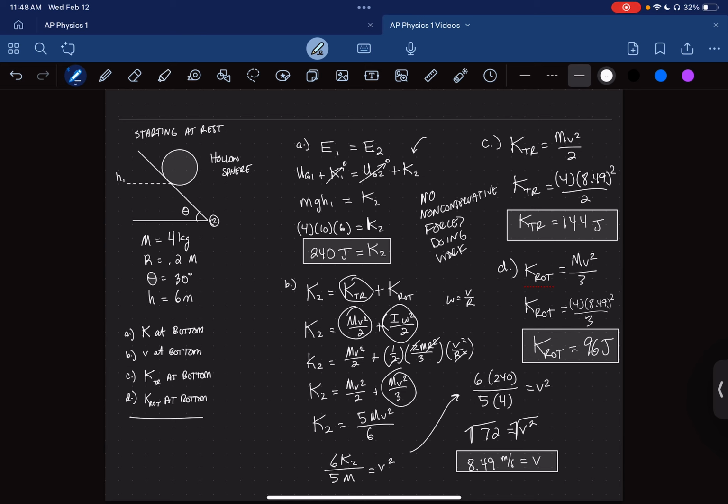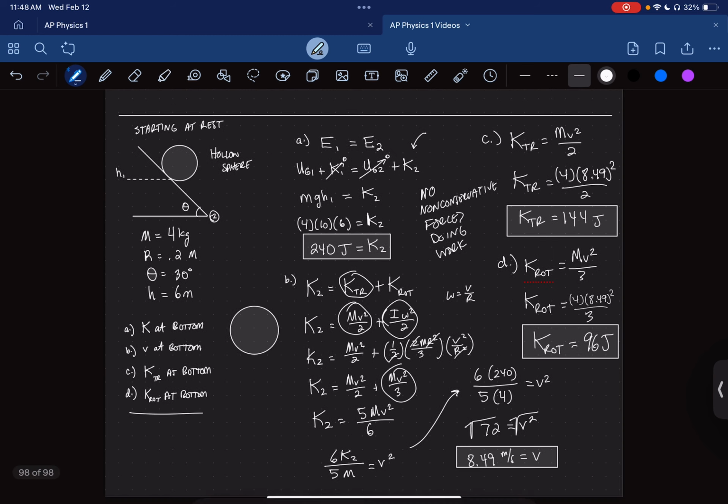Isn't there friction on this thing? If we draw a free body diagram, there's friction right here. And is that friction doing work? Well, long story short, it's doing work.